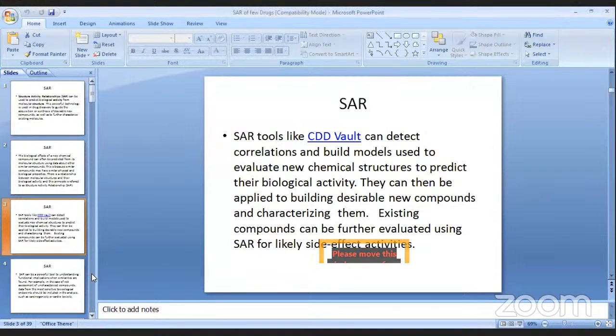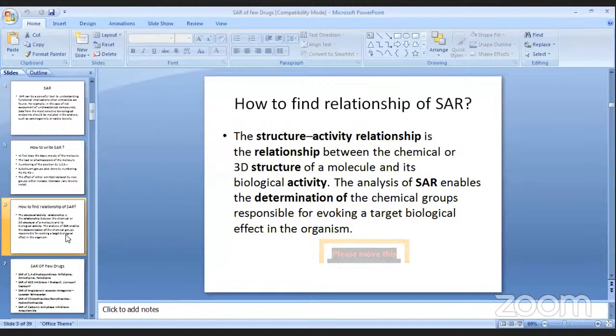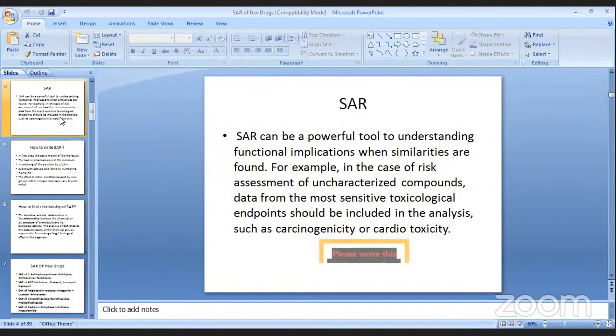Now, how to write SAR, structural activity relationship? It is a powerful technique for analysis of toxicological properties, and also you have to see the carcinogenicity and cardiotoxicity.